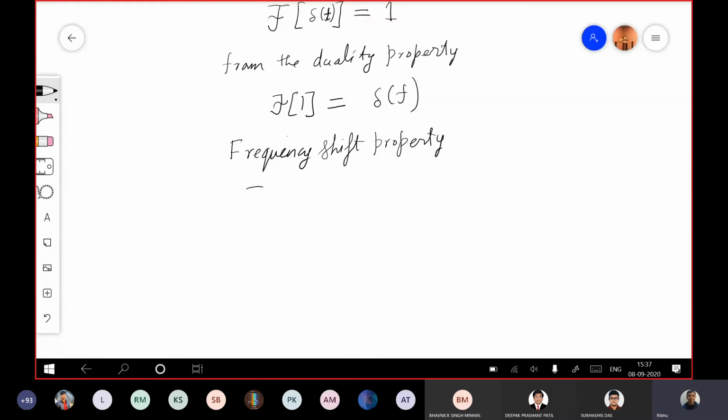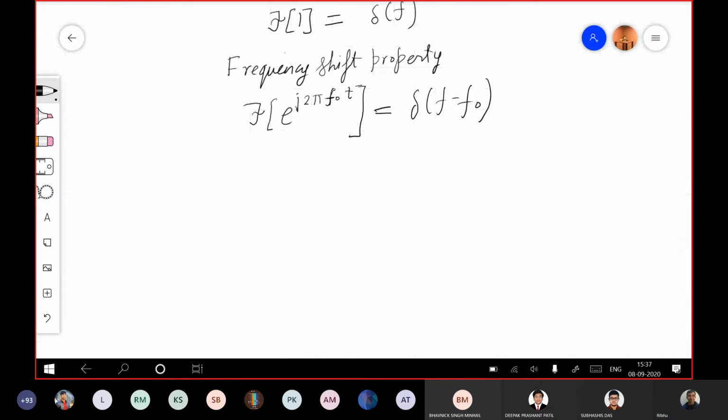We get this, my badly written f equals... So this is okay. That I can write the Fourier transform of a complex sinusoid as delta f minus f naught.